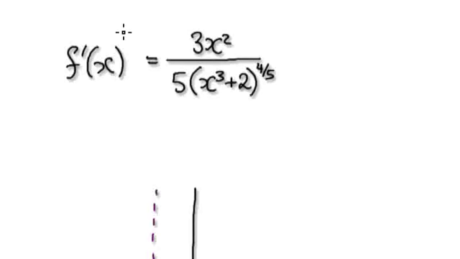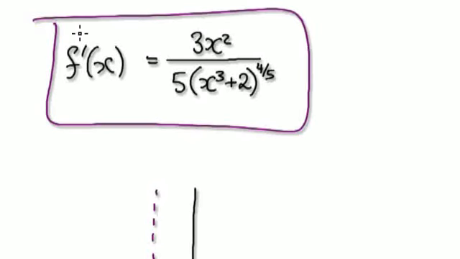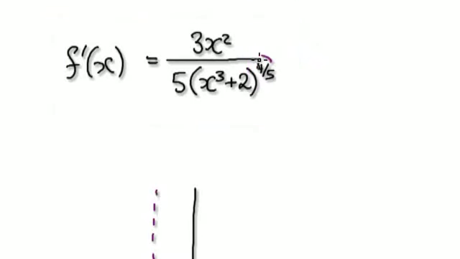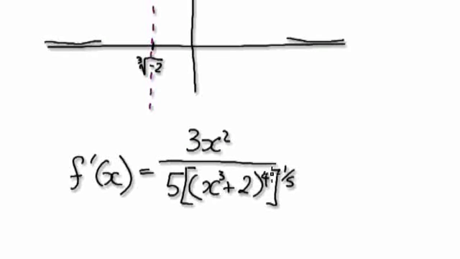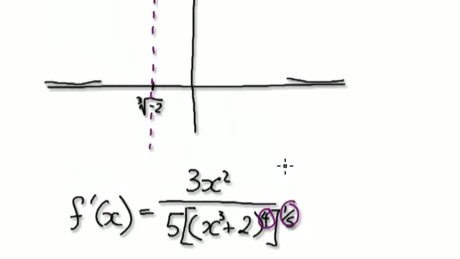So this is our first derivative. This thing here, we don't really know what's going on here. What does it mean to have a power of 4 over 5? So rewrite this as to the power of 4, and then take the fifth root.